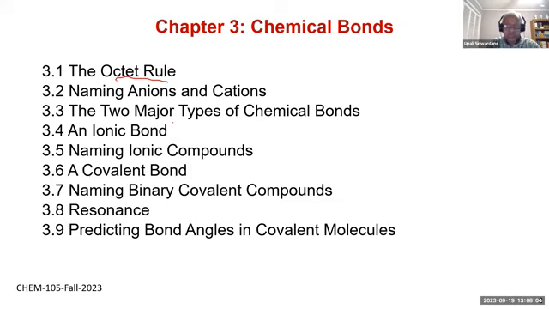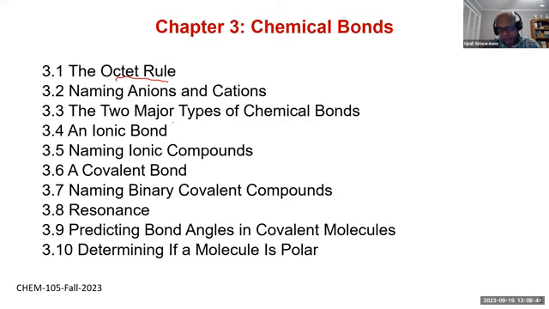Ions are just similar to atoms, except they have more electrons or fewer electrons. But covalent compounds have atoms bonded to each other. They have bond angles. So we have to come up with a way to predict the bond angles for different covalent molecules. We don't do that for ionic compounds.